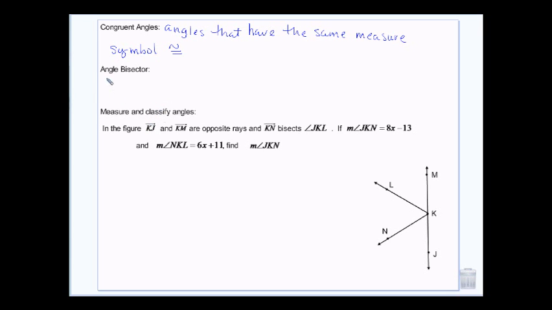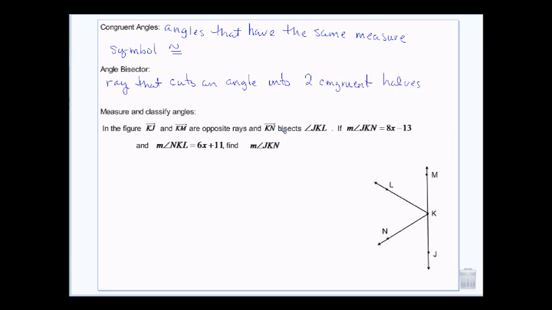An angle bisector is a ray that cuts an angle into two congruent parts or halves.